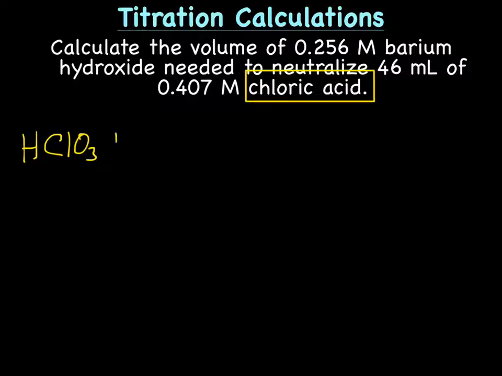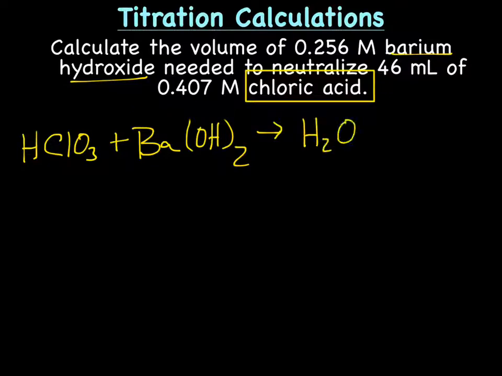Our base is barium hydroxide. Barium is a 2+. Hydroxide is OH⁻. So to neutralize those, we need 2 hydroxides. And that's going to produce a water and some salt. Remember, the salt comes from the cation from the base and the anion from the acid.